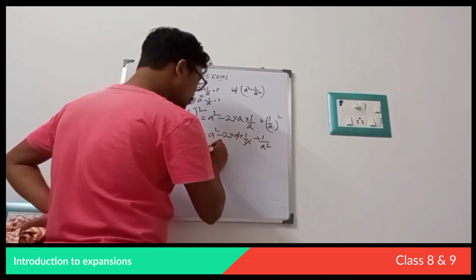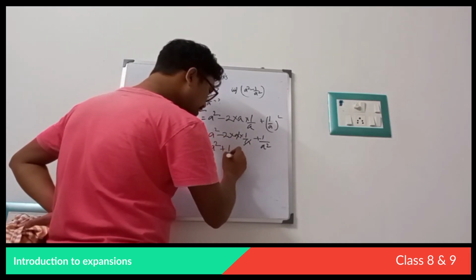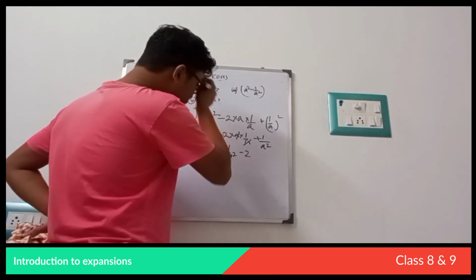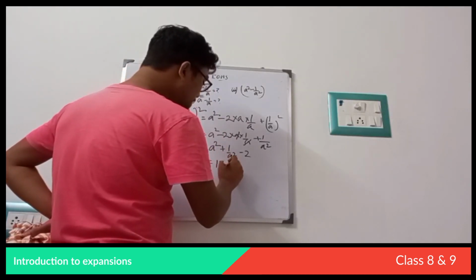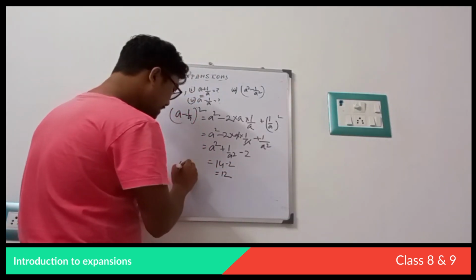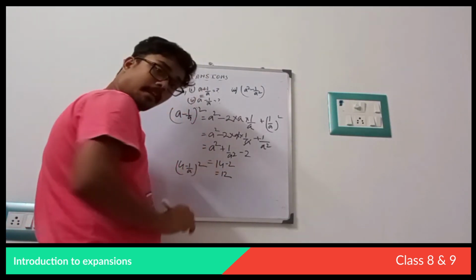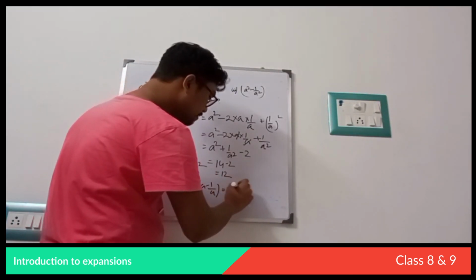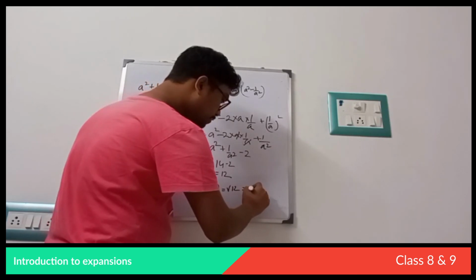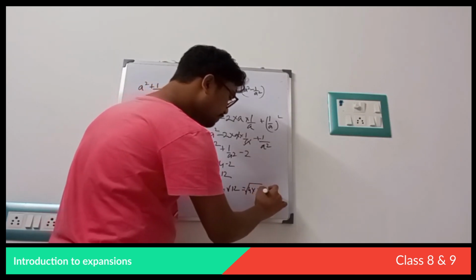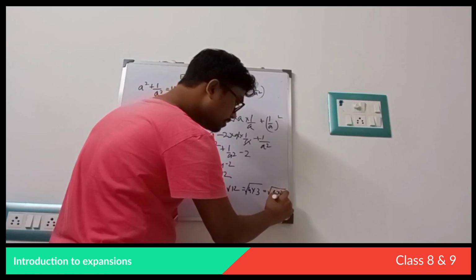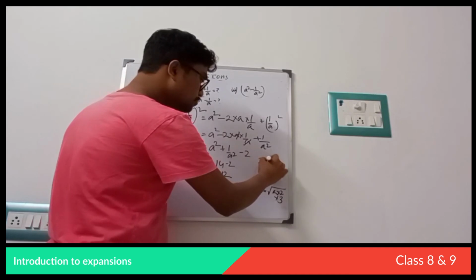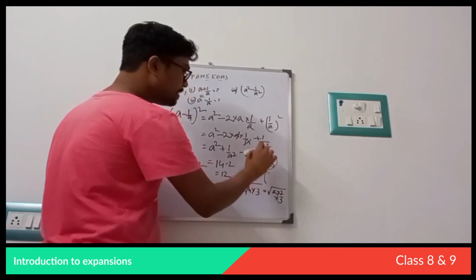A cancel, so we will get a square plus 1 by a square minus 2. So what is the value of a square plus 1 by a square? That is 14, minus 2 becomes 12. So a minus 1 by a whole square equal to 12. A minus 1 by a equal to root 12. Root 12 means root of 4 into 3, we can write 2 into root 3. So the value of a minus 1 by a equal to plus or minus 2 root 3.